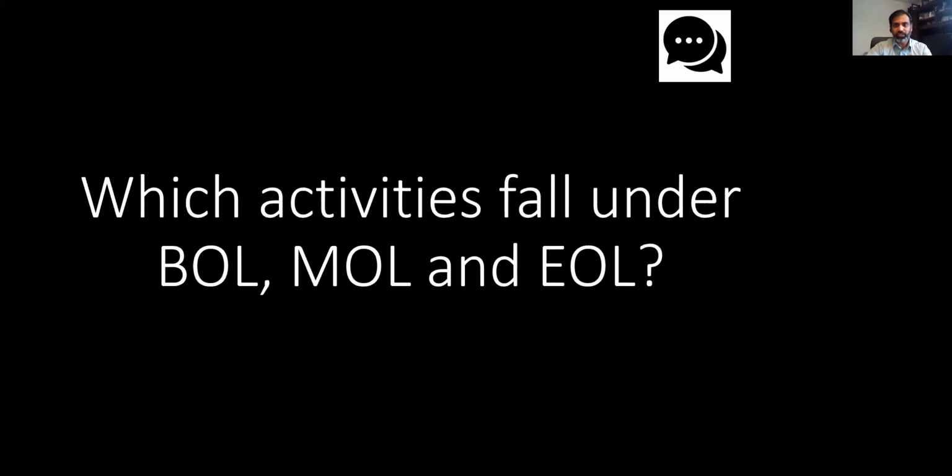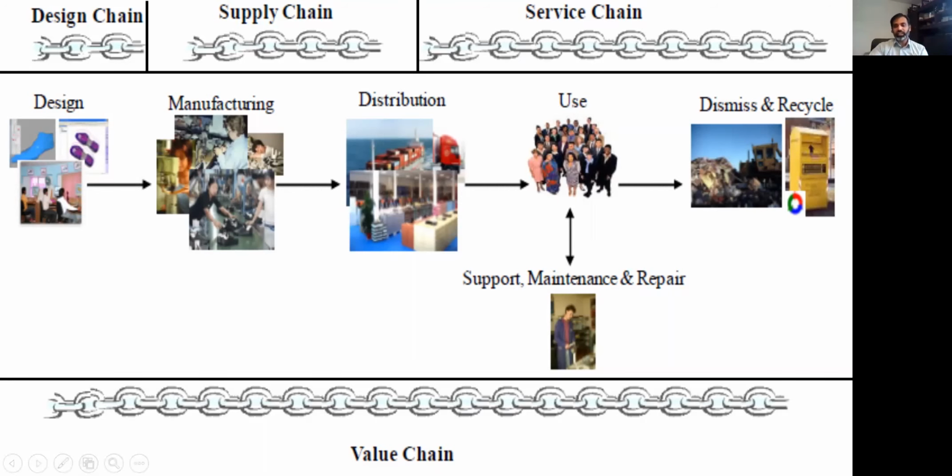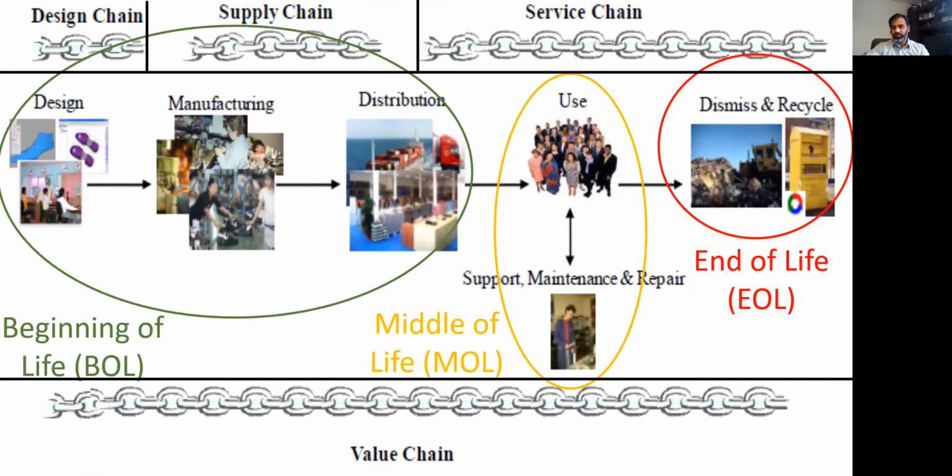Let me show you. These are the activities in the beginning of life, and whatever is left over when you are dismantling or disposing or dismissing that product is the end of life.